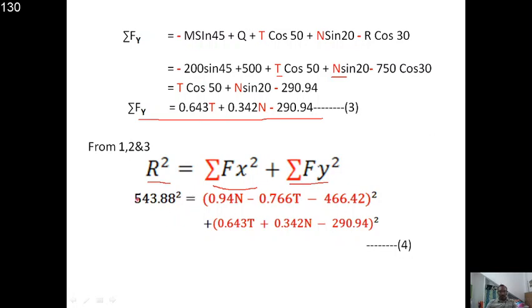So substitute the values, R is given in the problem itself, and sigma Fx and sigma Fy you solved.